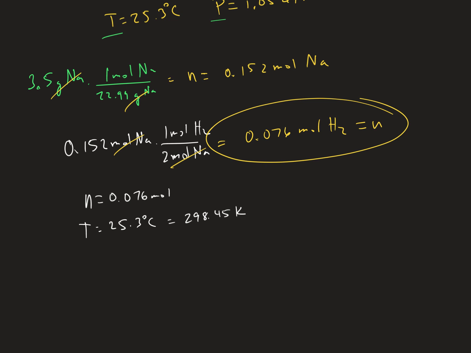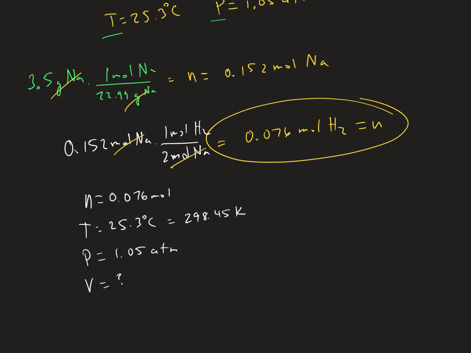Okay, change it while we're at it. And the pressure is 1.05 atm. And we're looking for the volume in liters, so we're good. Does that make sense, or did I go too fast?